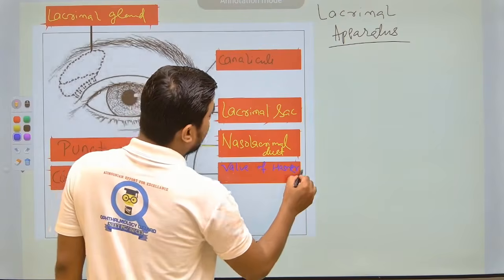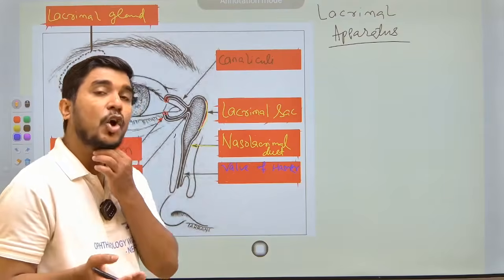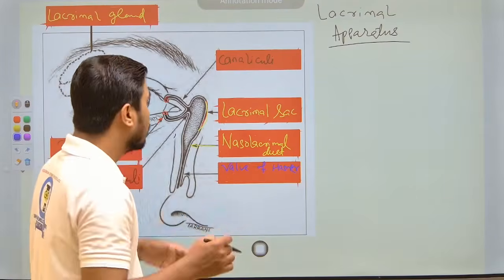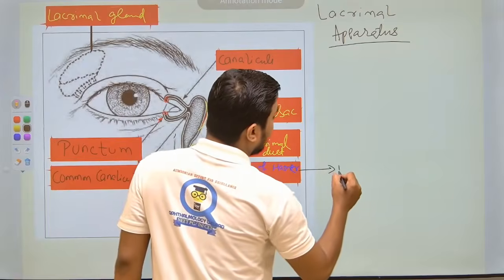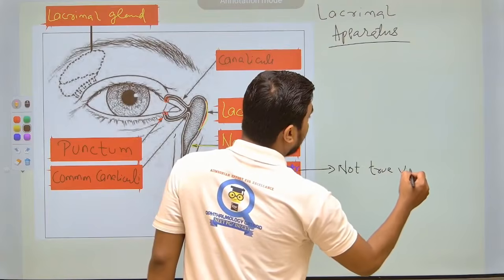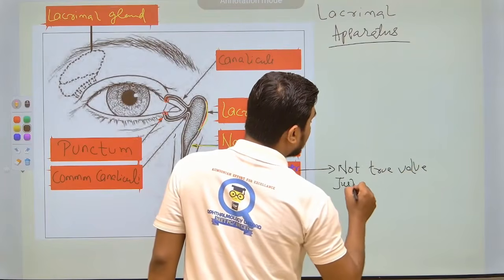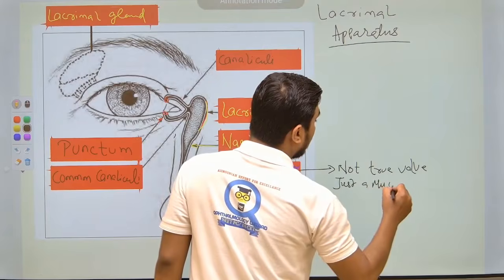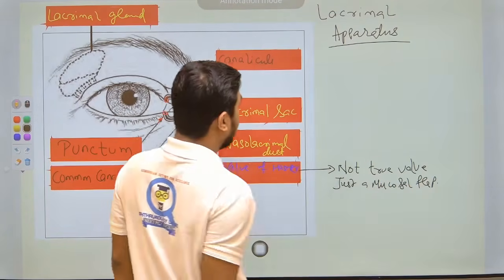Remember, this valve of Hasner is not a true valve. It is just a mucosal flap. So I am writing here, it is not a true valve, just a mucosal flap. Understood?